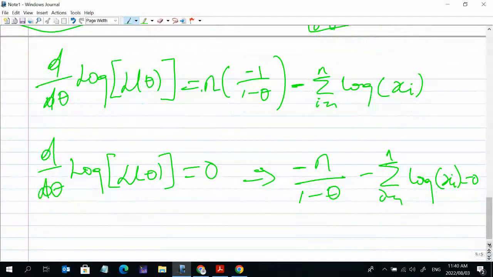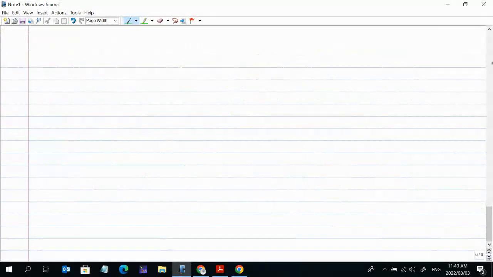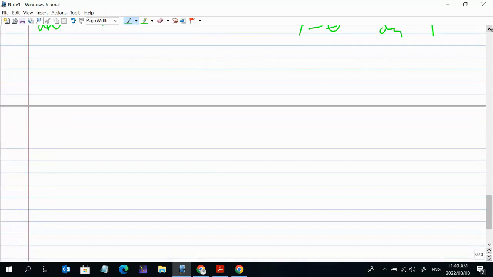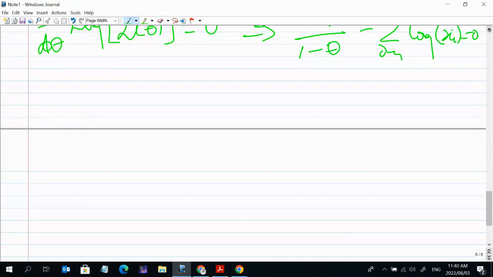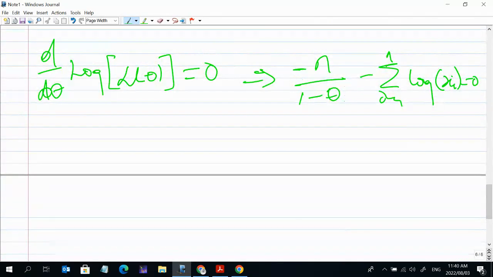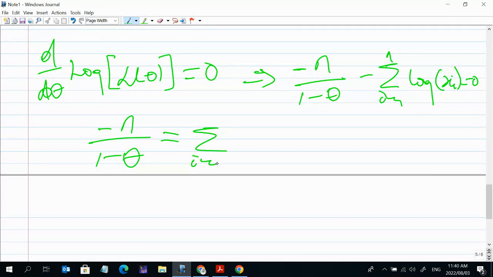Since we want theta to be the subject of the formula, we can take the minus summation to the right. And when we do that, the negative sign becomes positive. So what we are having now is minus n over 1 minus theta, which is equal to the summation of the log of xi.